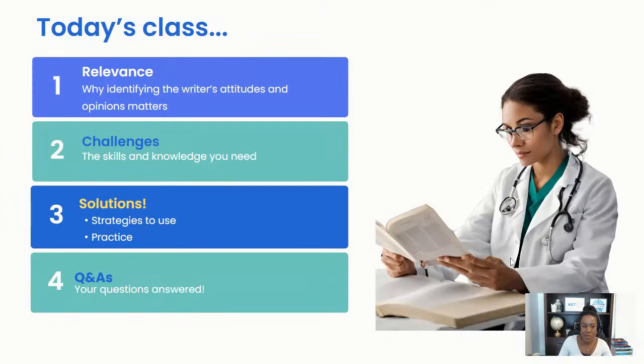So let's get moving. In today's class, we're going to first of all have a look at why this session is a useful one for you to have, what you're going to get from it. We're going to have a look at some of the challenges when it comes to trying to identify a writer's attitude or opinion. We're going to, importantly, be looking at solutions to this and giving you some strategies to use, some things to think about as you improve in this skill, and we're going to practice.